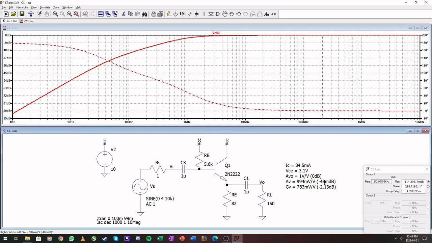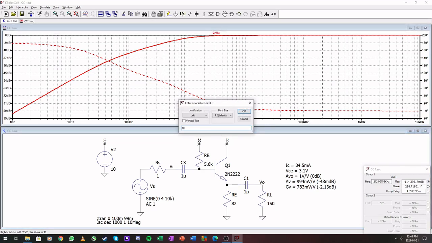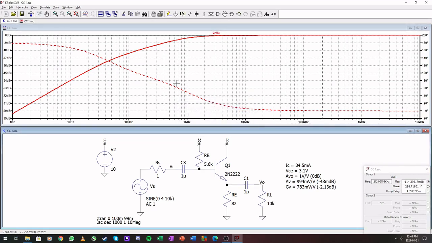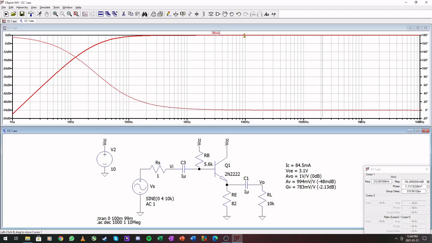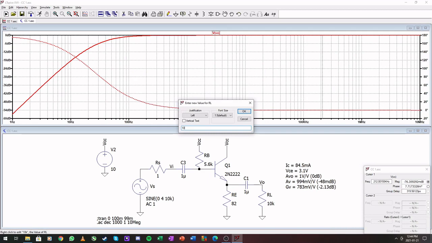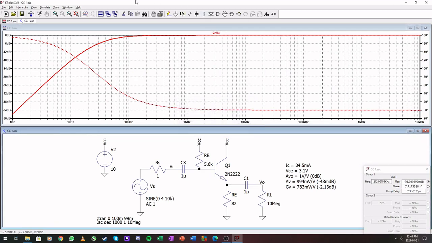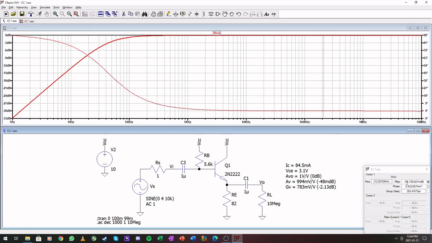Okay, so small value. And if we make this very large, let's go 10 kilo ohms, that will move closer and closer to the 0 decibel point. So the approximation of having it as 1 volt per volt is fairly accurate. So AV and AV0 is very close to one another in this problem.